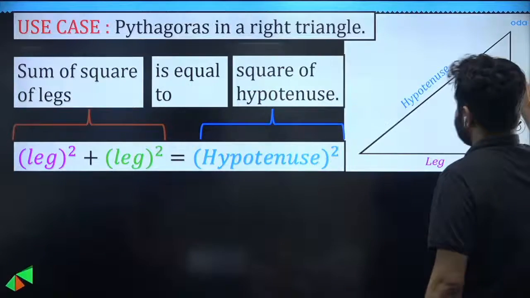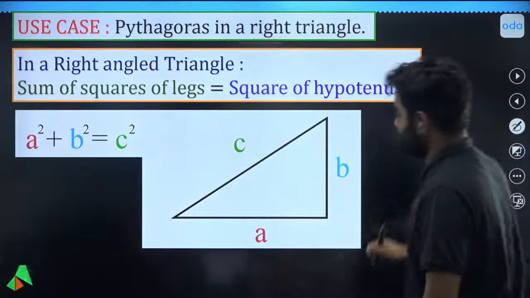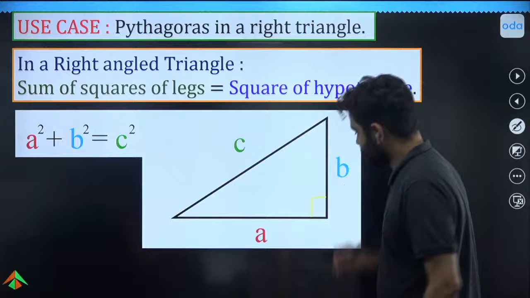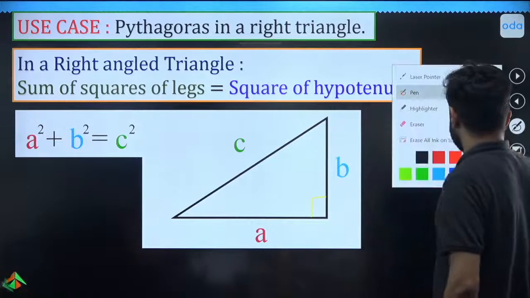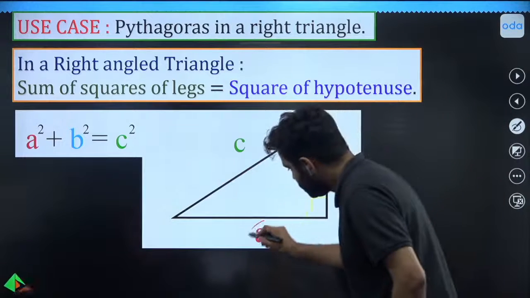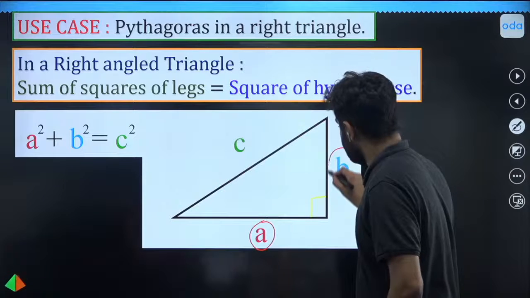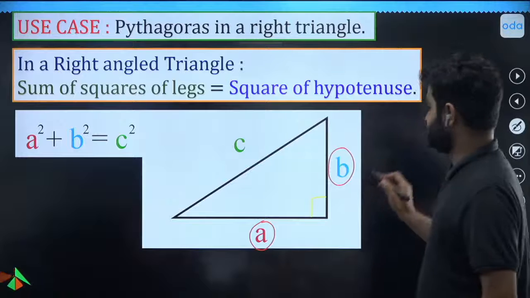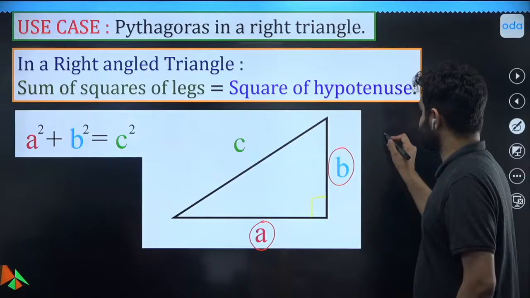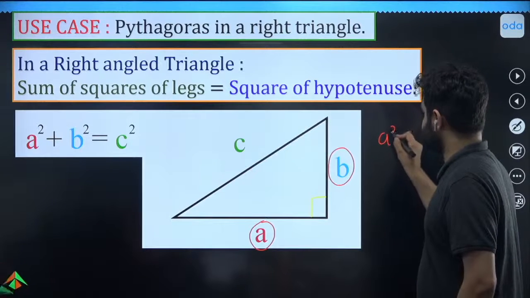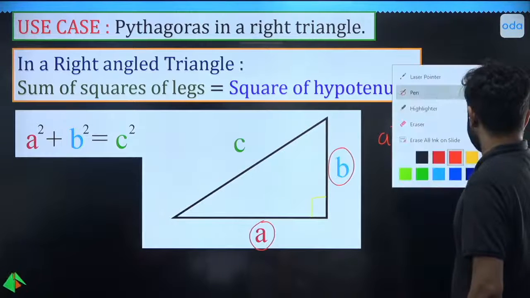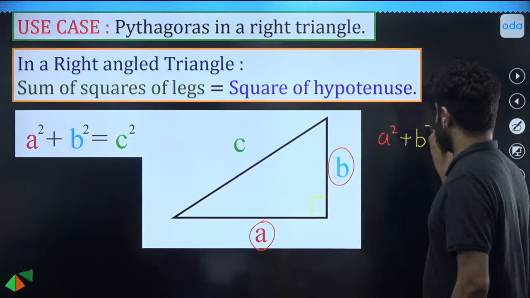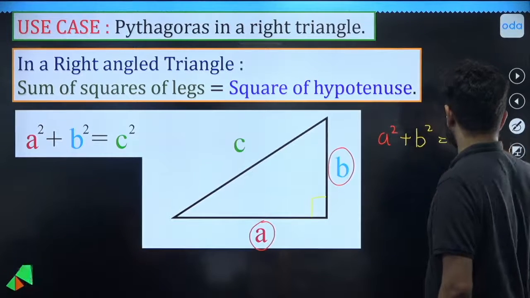Now this is what we have understood. If this is the 90 degree angle in the given right angle triangle, and the sides which make 90 degrees are called legs, so A and B are our legs. So we know what the legs are. What the Pythagoras theorem says is that in a right angle triangle, the sum of squares of the legs, that is the first leg was A and the second leg we have is B, so A square plus B square is equal to hypotenuse square.